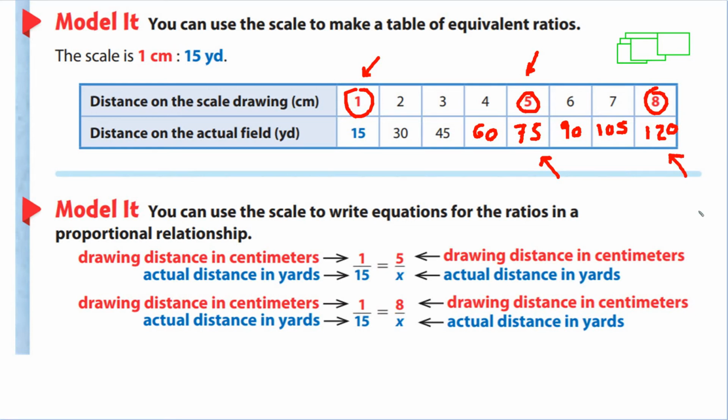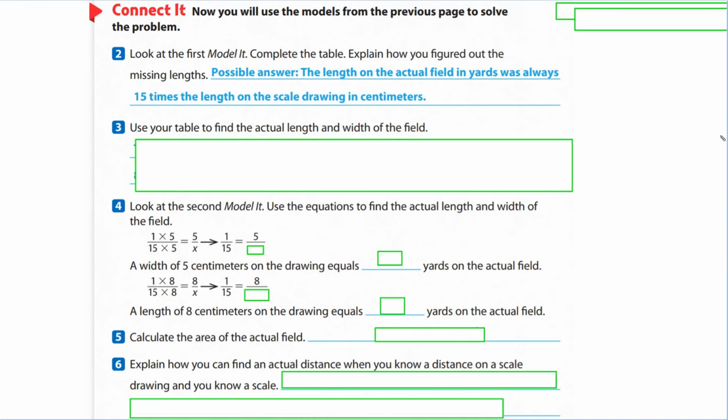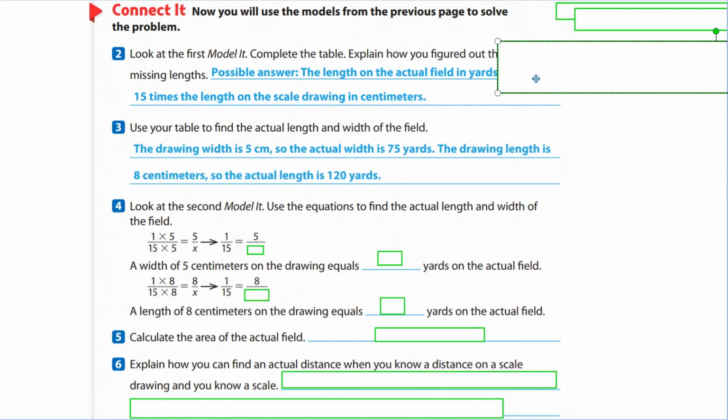And this is what they're also looking for, which is 120 yards. Okay, so the drawing width is 5 centimeters. So the actual width is 75 yards because it's 5 times 15, 75. The drawing length is 8 centimeters. So the actual length is 120 yards. 8 times 15 is 120.